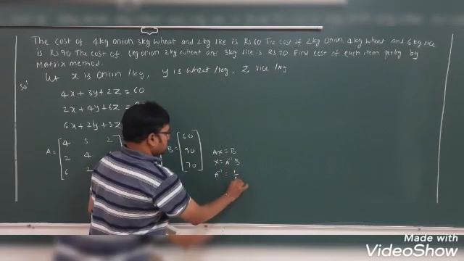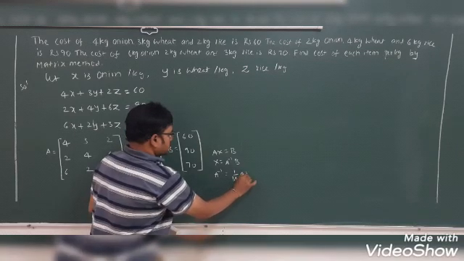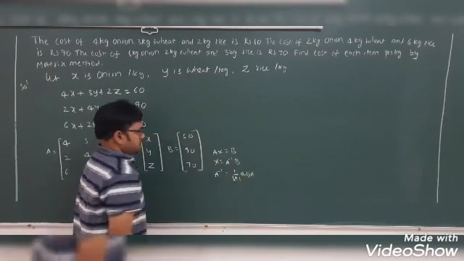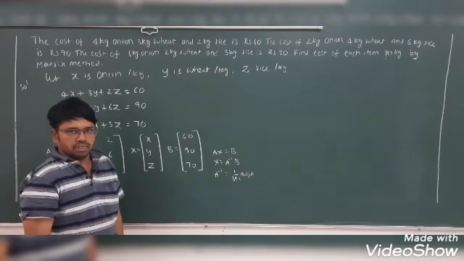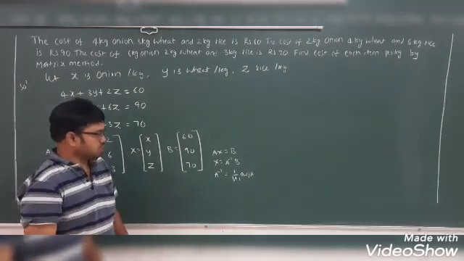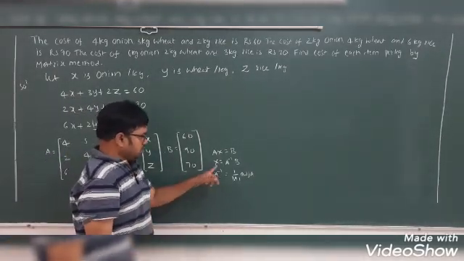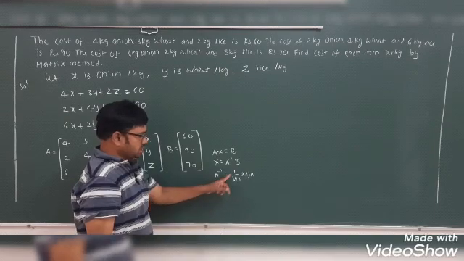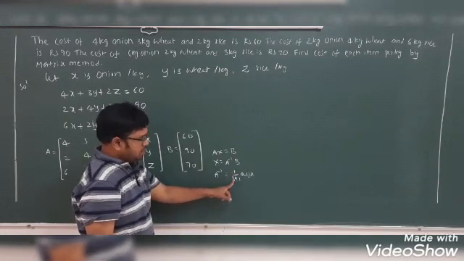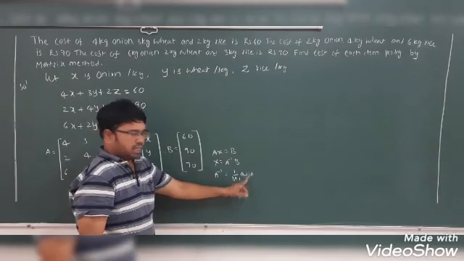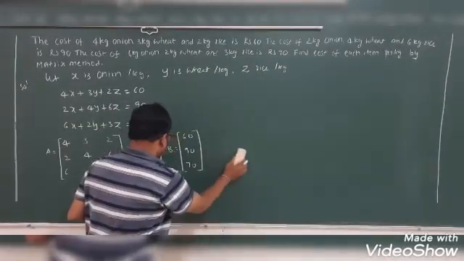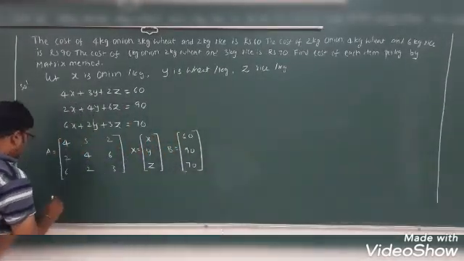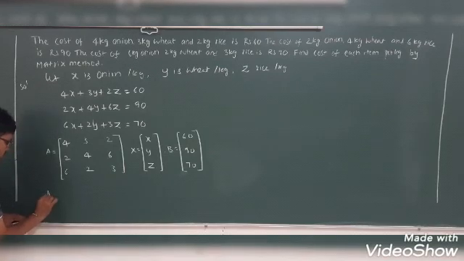We have to find it using 1 by det A into adjoint A. So first of all we have to find this A inverse. First of all we have to find det A. After that we have to find adjoint A. See how to find this det A. So the det A value we already know.